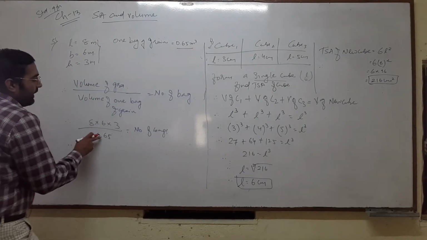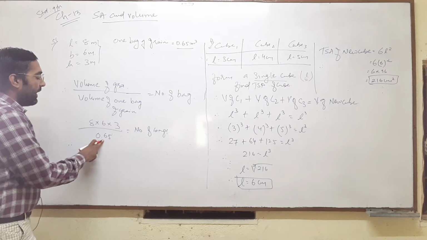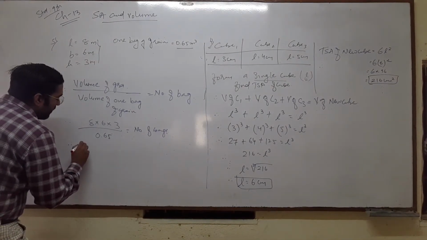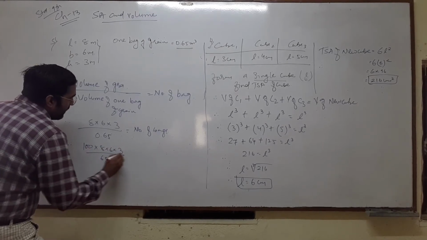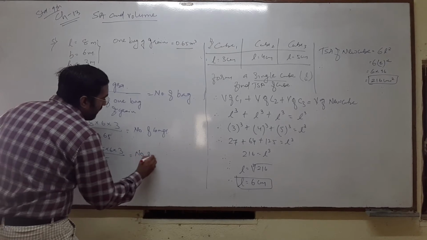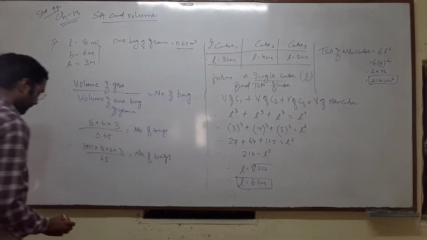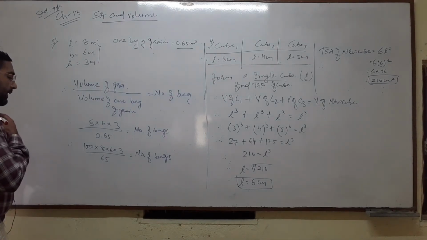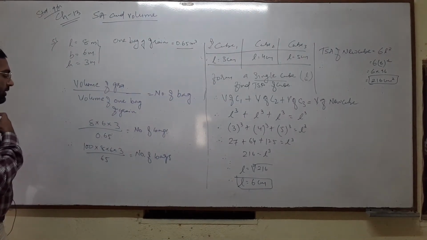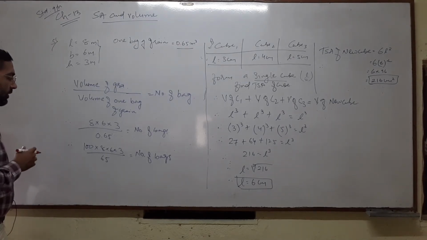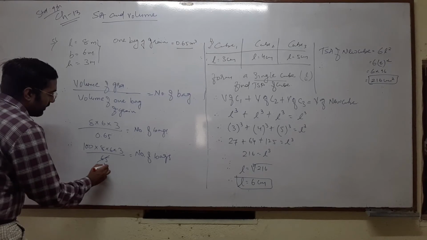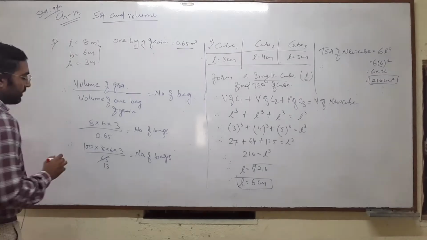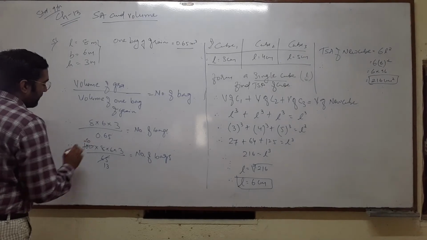So I'll remove the point from 0.65, so 100 is multiplied to the numerator. So 100 into 8 into 6 into 3 divided by 65 is equal to the number of bags. Now we have to divide them. 13 5s are 65 and 20 5s are 100.